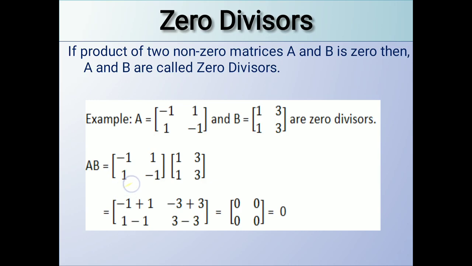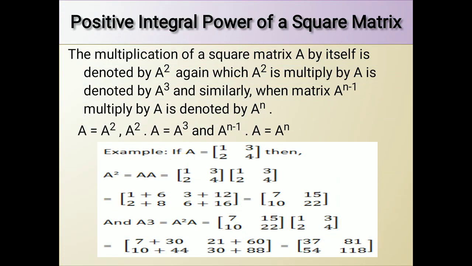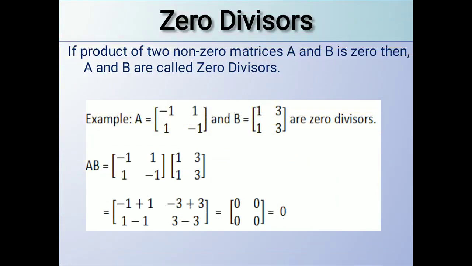Then, because of this minus sign, 1 into 1 gives minus 1. The next element will be minus 1 into 3, that is minus 3, plus 1 into the 3 below. Then the next is 1 into 3, that is 3, and minus 1 into 3, so plus minus 3.